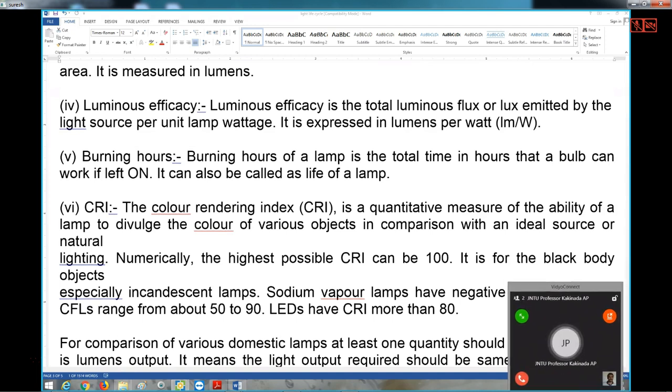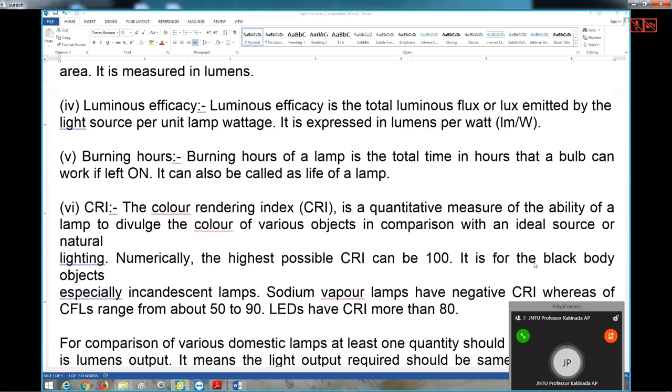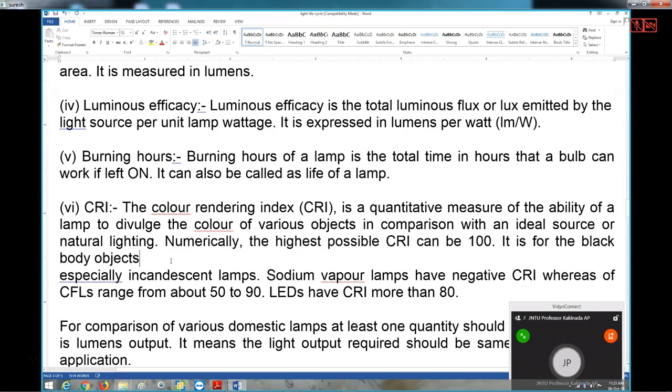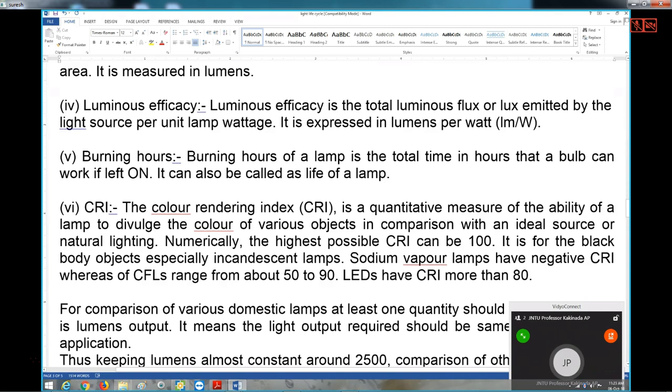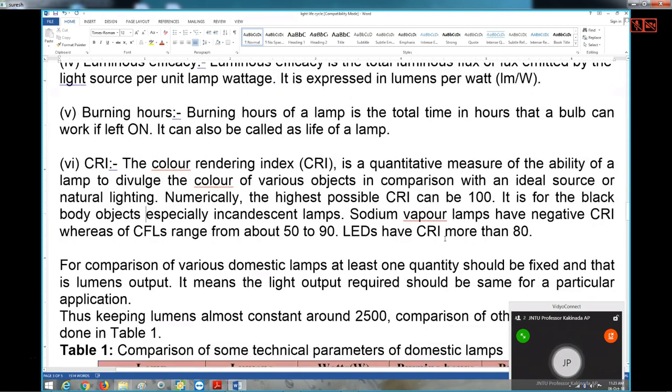Then color rendering index, called CRI. This is a quantitative measure of the ability of a lamp to reproduce the colors of various objects in comparison with an ideal source or natural light. Suppose we are standing beneath a sodium vapor lamp, our color appears yellow or orange.